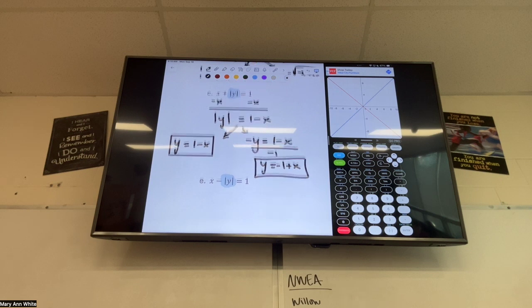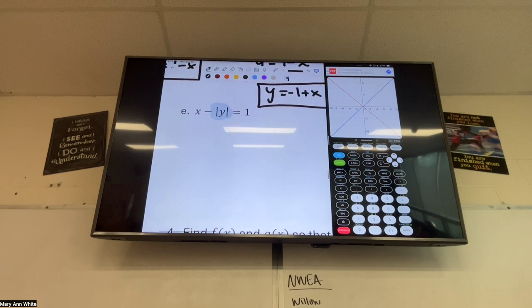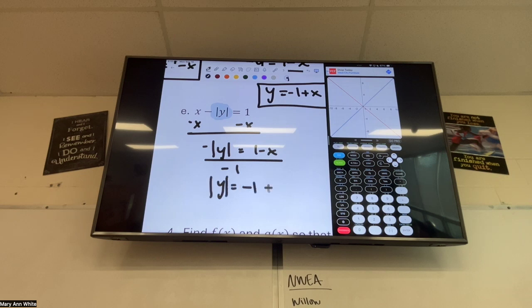Okay, let's do the one underneath it. And then if you guys are dying to, I can graph them, but they'll just be lines. Minus that x from both sides. Divide by -1. And then now when I do these two separately, they're going to give me the exact same equations that I have above.